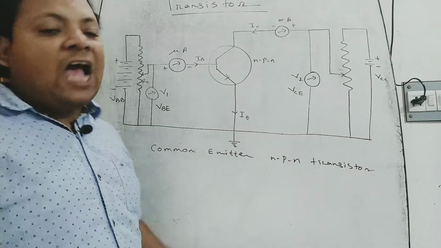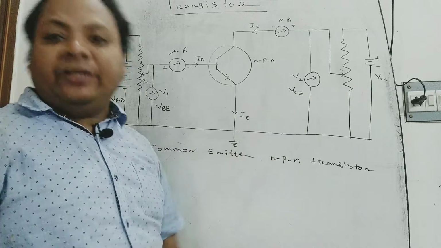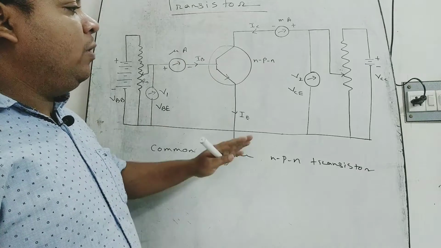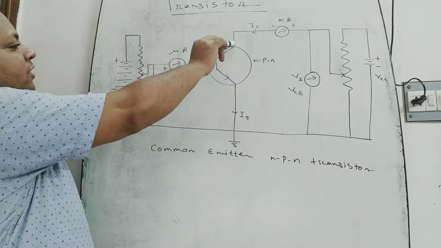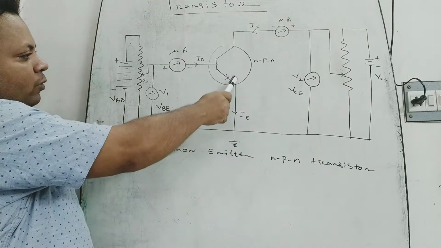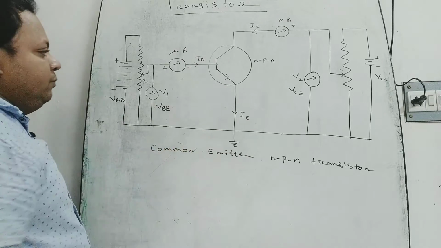This is the actual diagram of a common emitter PNP transistor, which is very important in our practical life. This is an NPN transistor. The emitter is common and is earthed.